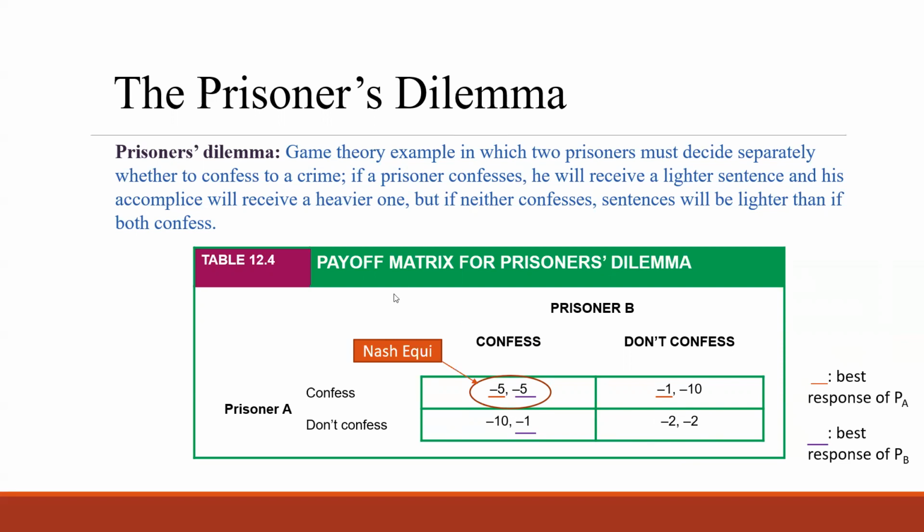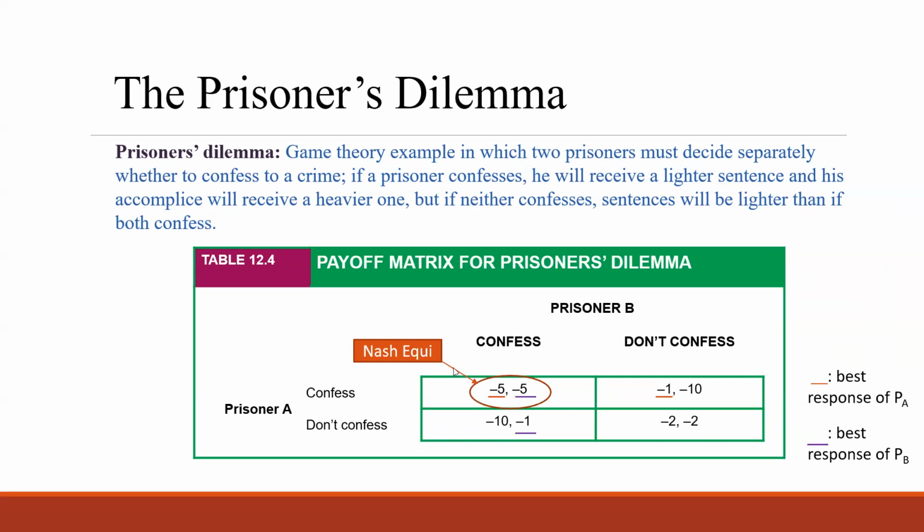Okay, so this is how the prisoner's dilemma is defined. That is, two prisoners must decide separately whether to confess to a crime or not, and if one confesses, they will receive a lighter sentence, and the accomplice will receive a heavier one. But if neither confesses, the sentence will be lighter than if both confess. That's the setting.